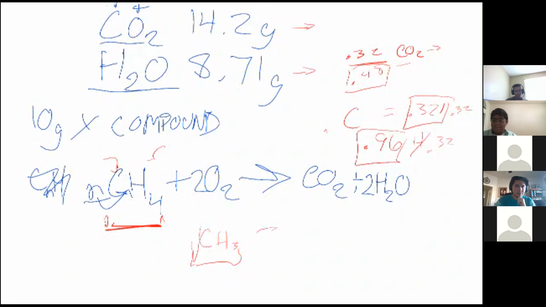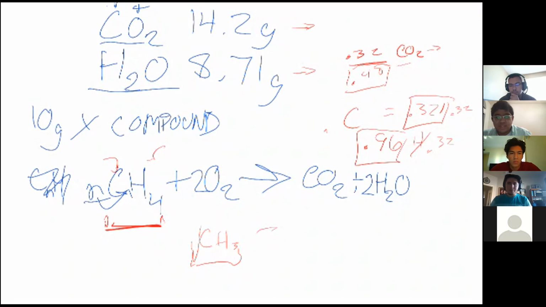You would multiply the actual yield over the theoretical yield, and then multiply that by 100%. Good. That's percent yield, yeah.